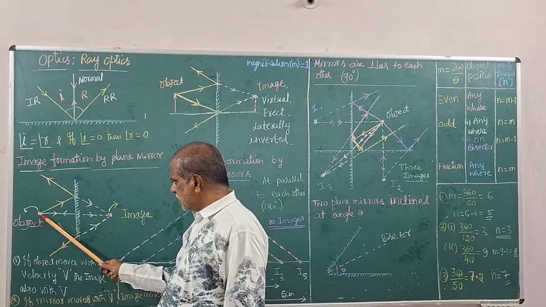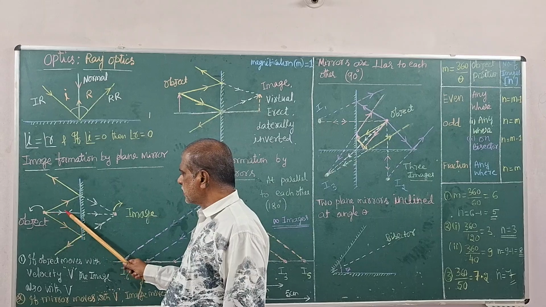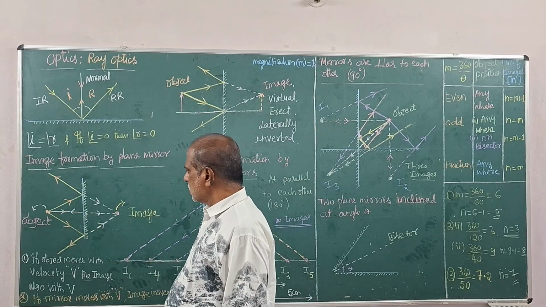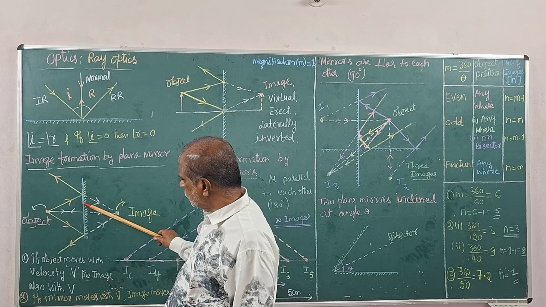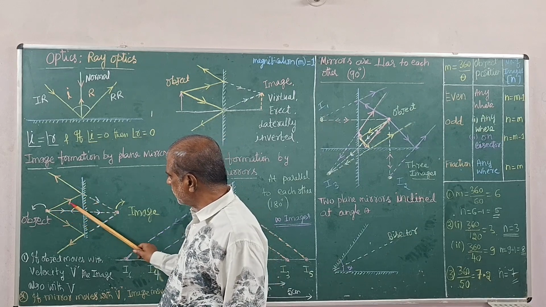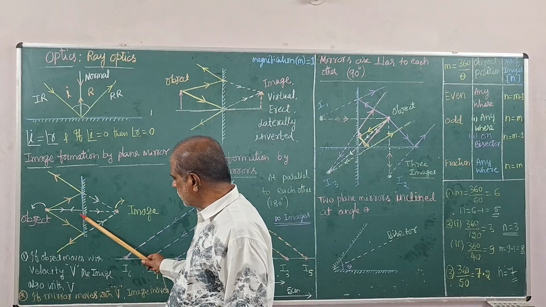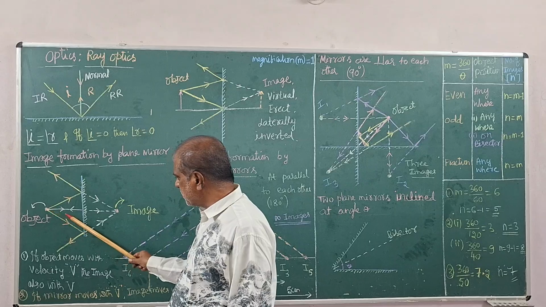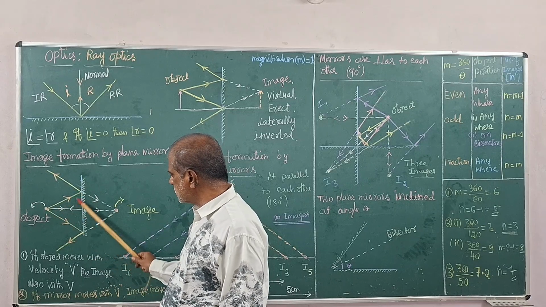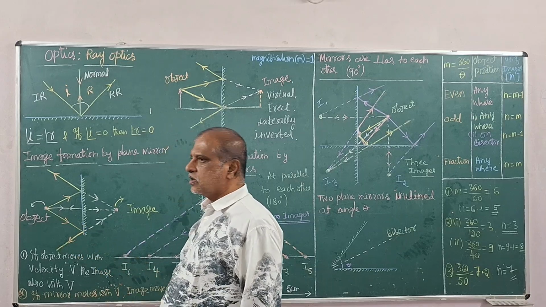And if the incident ray is along the normal, the reflected ray is on the same line. Above this line, the incident ray is reflected like this. At every point, we have the same kind of reflection, or below the line, similar reflections at every point. I am taking only 2 points here.